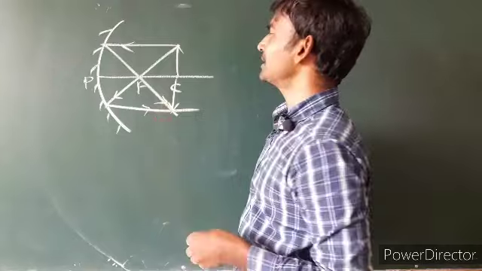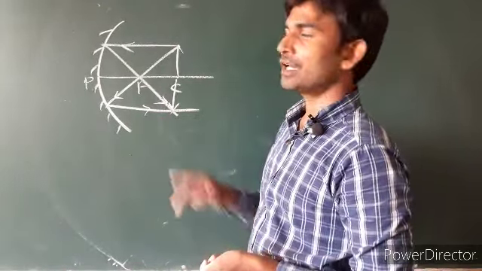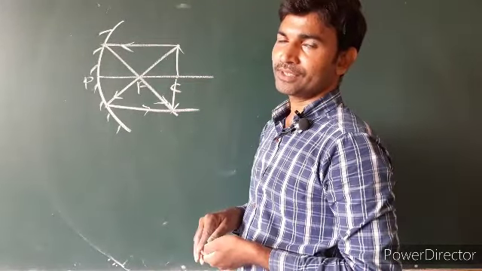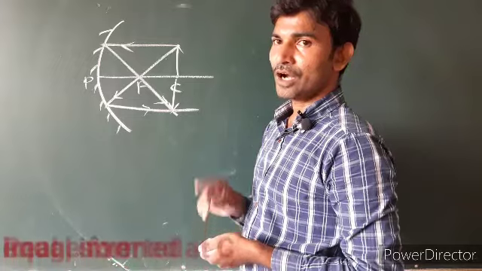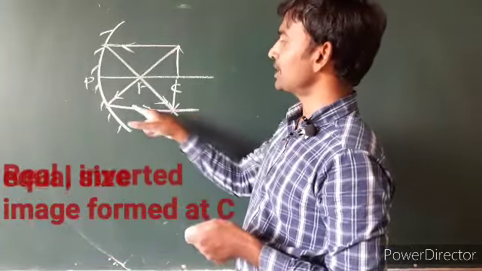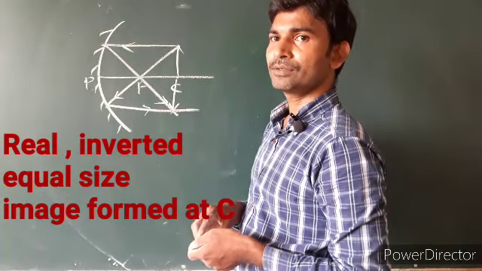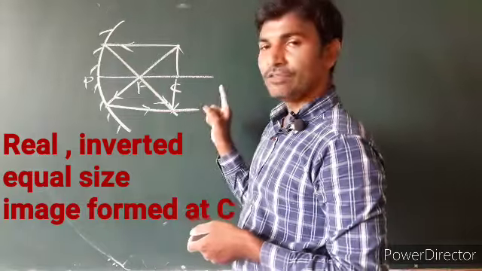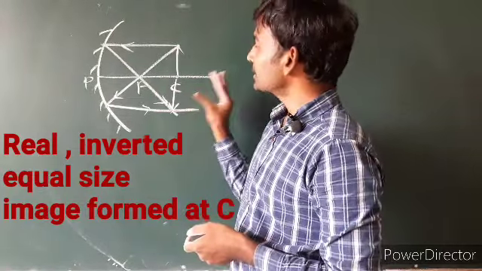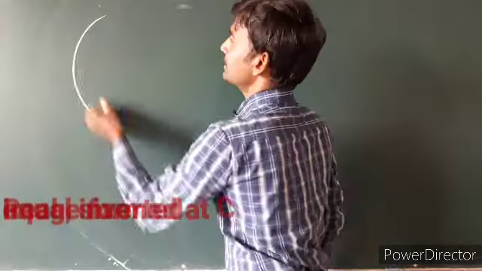It gives the image again on C only, object above C and image below C. That means object at C and image also at C. It is a real image, because these are reflected rays. It is an inverted image and the same size as the object.